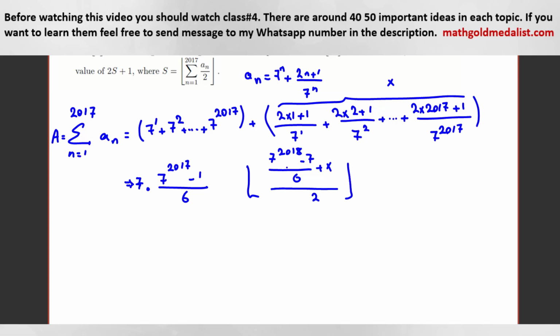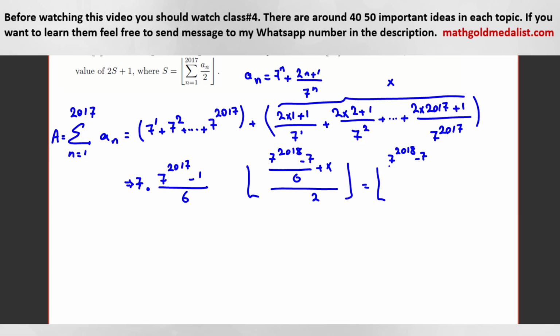And we know this part is odd when we divide by 2, right?